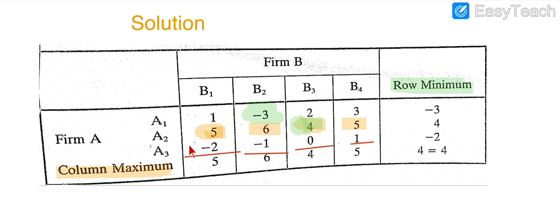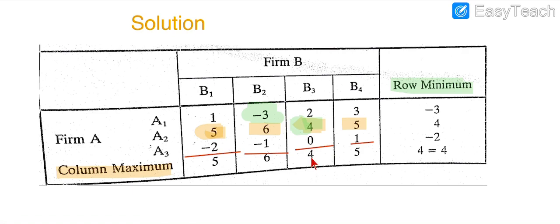When you have done all this work, arranged the column wise maximum values and the row wise minimum values, now you have to find the solution. You have to take the value which is common between the column maximum and the row minimum. If you see, in the column maximum 4 and in the row minimum 4, both are common values.